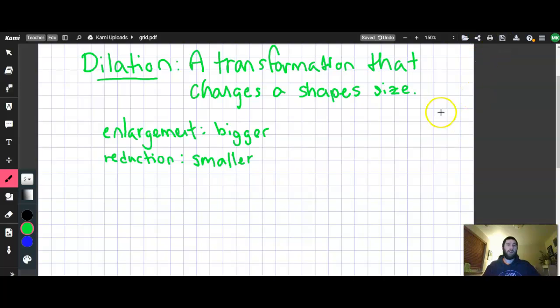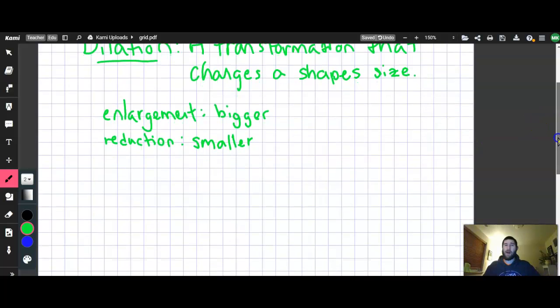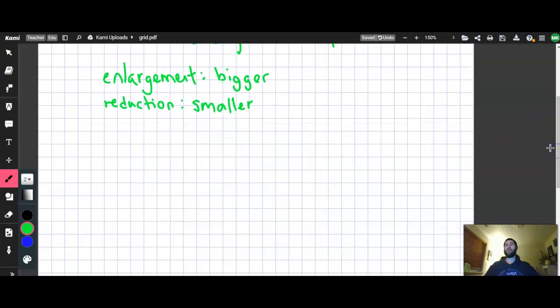Now, we're going to talk about how much to change its size. And when we talk about how much we change a size, we're talking about a multiplicative factor. That's why colloquially we talk about things being twice as big or 3 times as big. And so that multiplication for how much bigger a shape gets is called the scale factor.